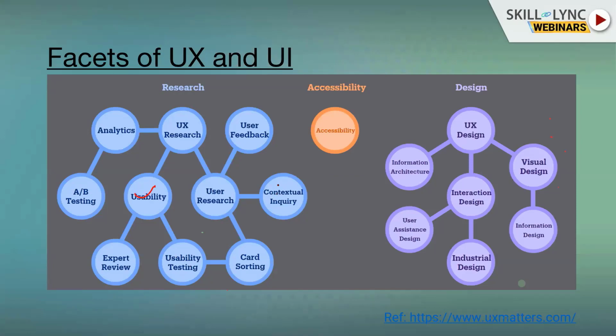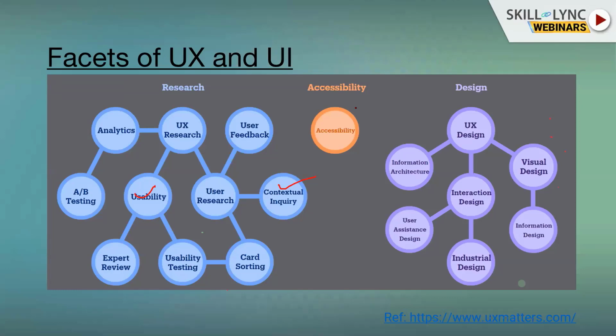Now, as I said, there is contextual inquiry, where you are observing your user based on the context. Like what is the context? If you are giving them a goal, you are observing them and understanding their needs and day-to-day life that way.